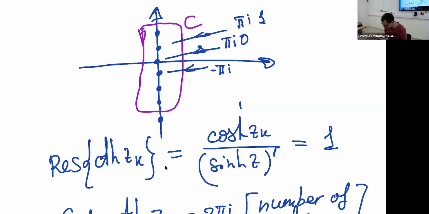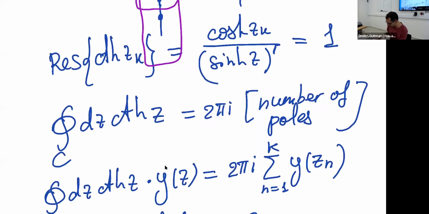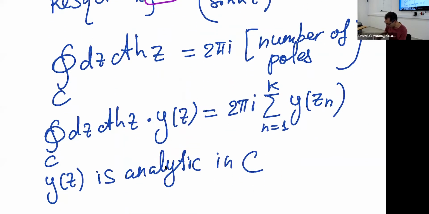Okay. So now let's decide that we have chosen a contour of integration. I don't know what contour to choose to make it simple. Let's choose the contour of integration that encompasses the entire imaginary axis, and let's integrate this thing with a function y. What would we get?